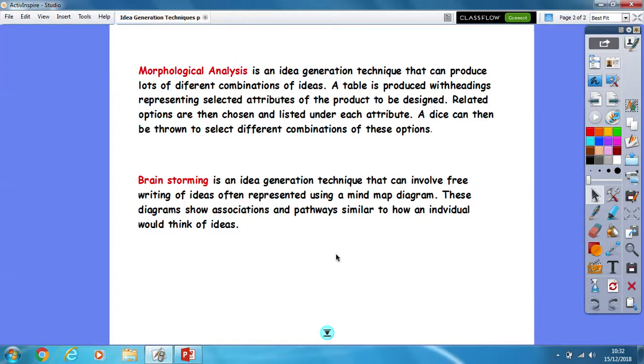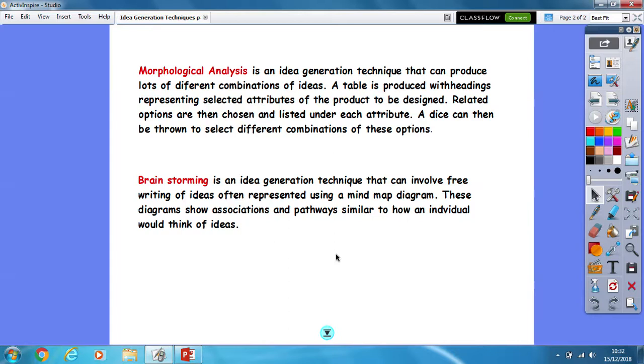If it was brainstorming, brainstorming can be done on your own. It can be done as part of a thought shower process. But the idea of brainstorming is it's you basically writing down your thoughts on paper, and this can be done using a mind map diagram.